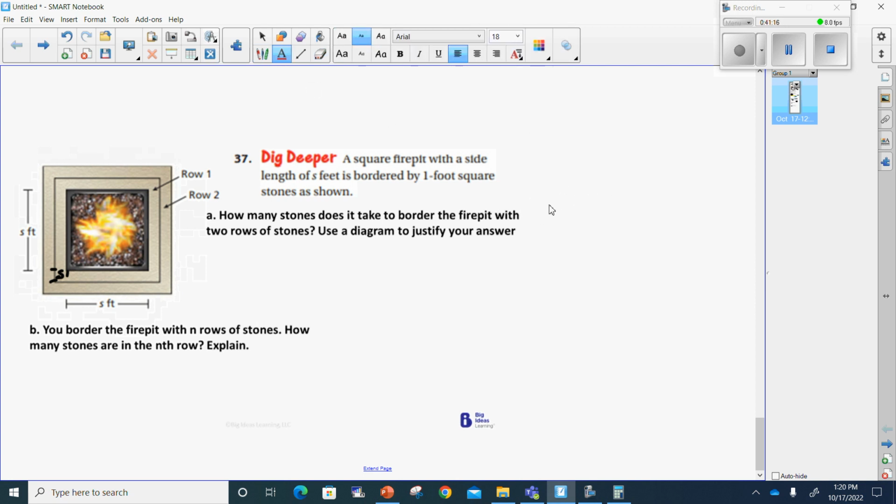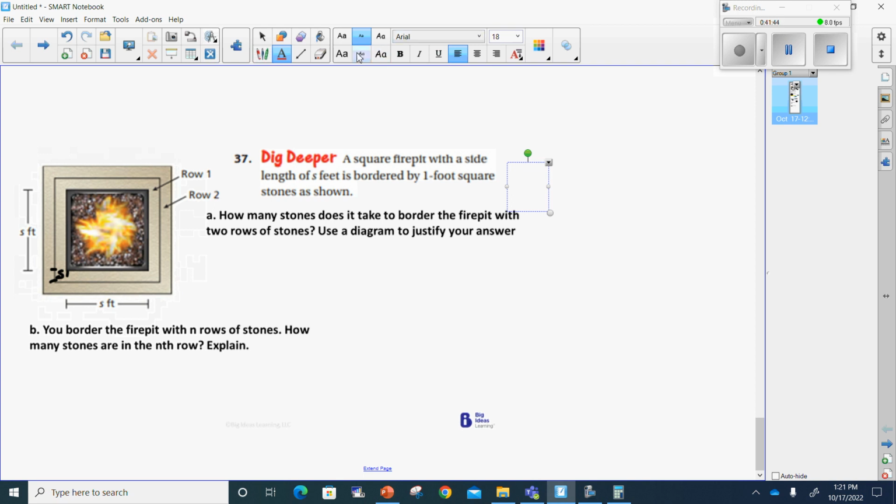So I'm going to put 2S, and then we're adding the S to this. Let me see how I would do this. I think a better way to do it would be S plus 1 for 1 square foot.